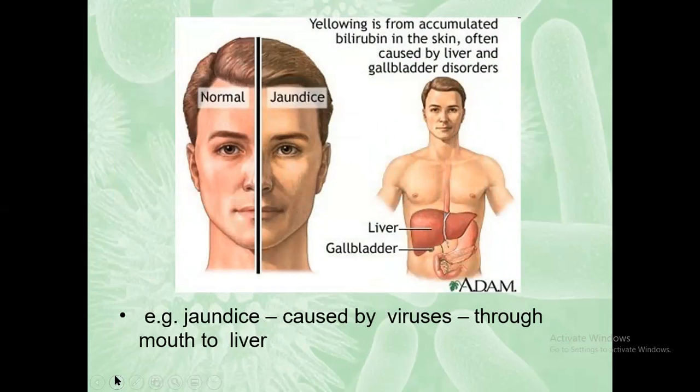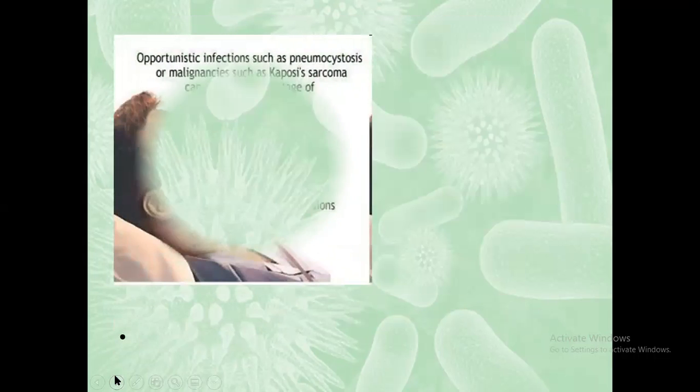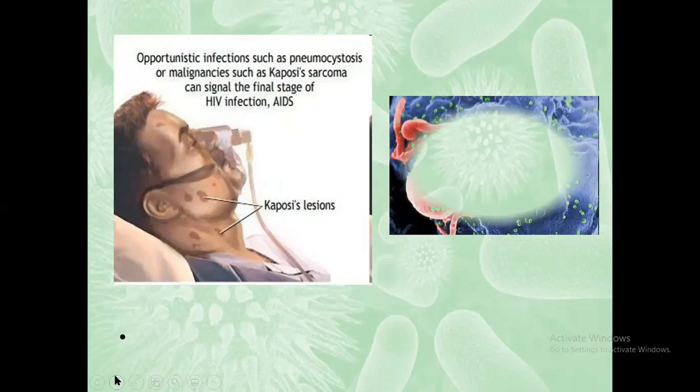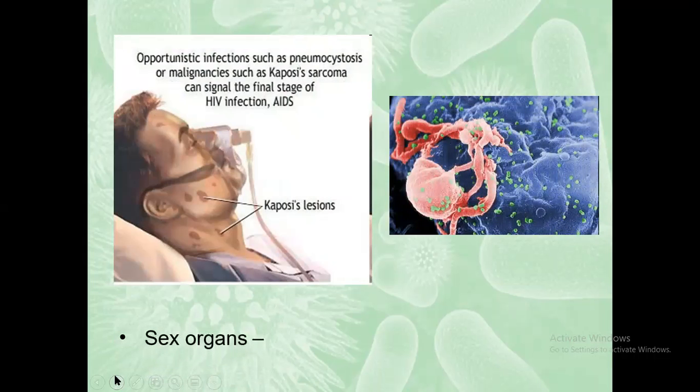Another example, jaundice. This jaundice is a viral disease because it is caused by viruses, and it will enter through the mouth and affect the liver. Some organs, like lymph nodes.